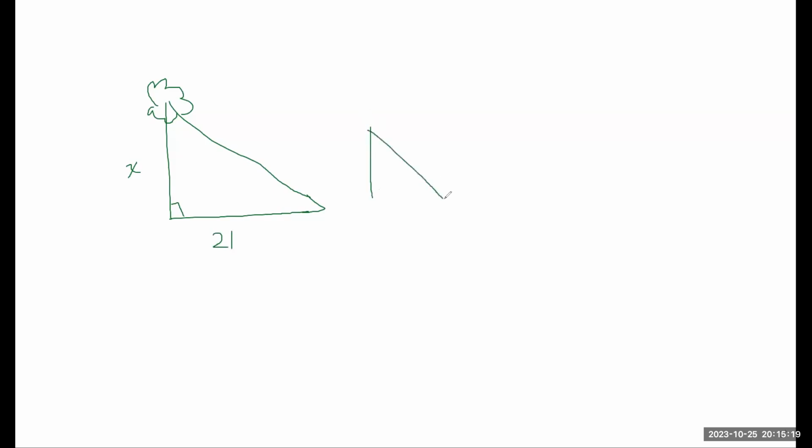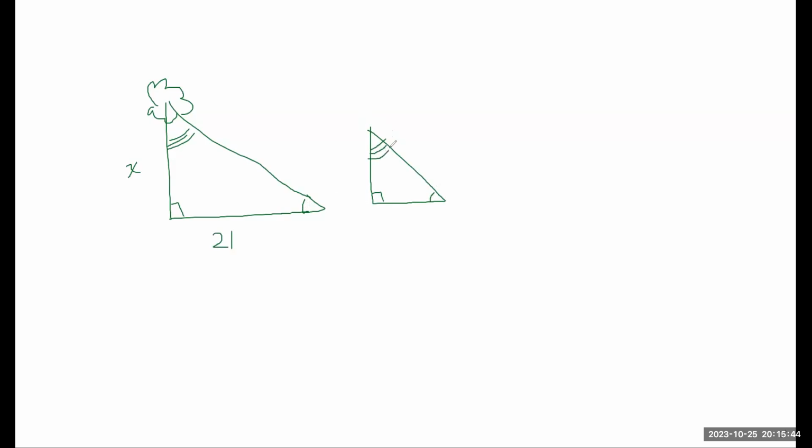The smaller triangle, also with a right angle, they share this acute angle down at the right-hand corner. It doesn't have a label on it, but they share that angle. And so this third angle up here must also be congruent. So we have three angles congruent.